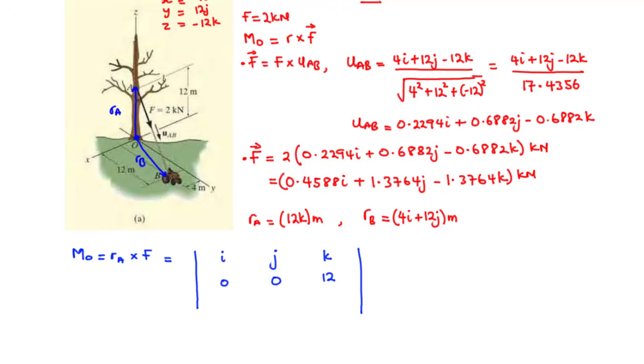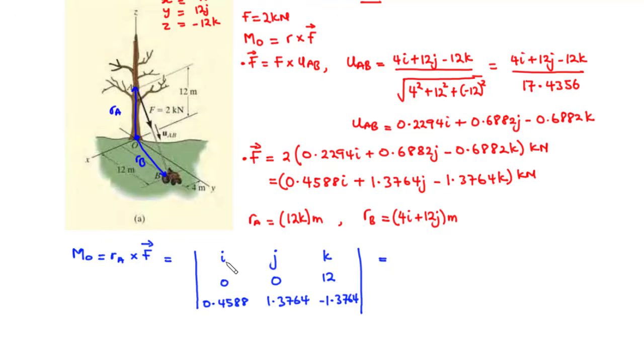Also for the force vector, we have the x component 0.4588, the y component 1.3764, and the z component negative 1.3764.